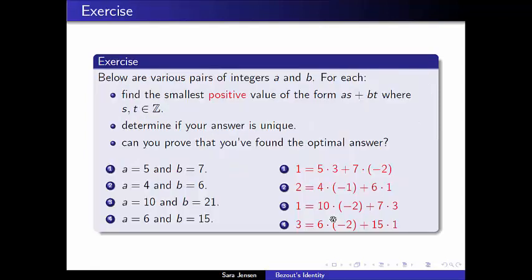So looking back at this first page, 5 and 7, well, they're both prime, and in fact they're coprime, so we got a 1 here. But example 3 existed to show you that it's not really the primeness of the numbers that was important, as much as it is the coprime relationship between them. This also answers why it was 3 that I got as the answer over here. Well, 3 is the greatest common divisor of 6 and 15.